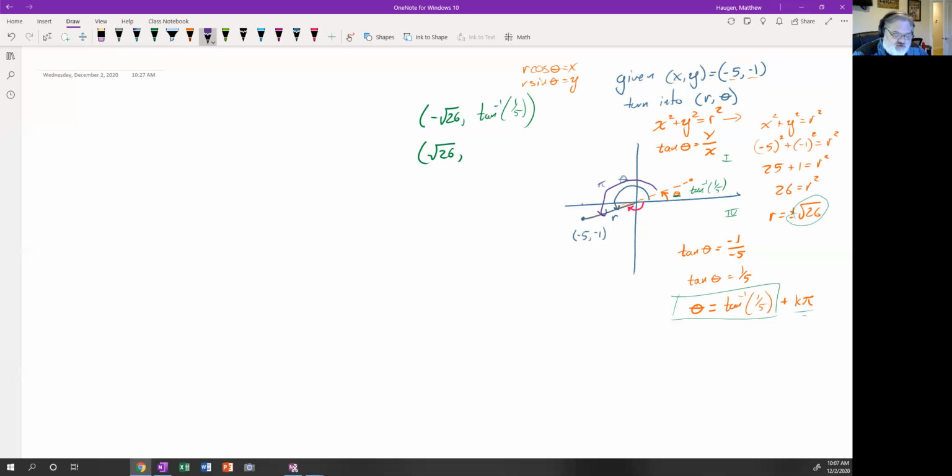So if you wanted to use that square root of 26 positive, you'd have to say, well, that tan inverse of 1/5, whatever that is, plus the pi, or subtract the pi and use that one, whichever one you know.